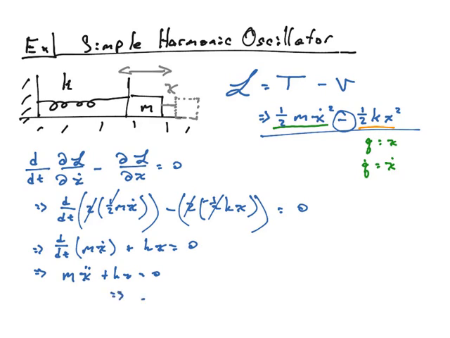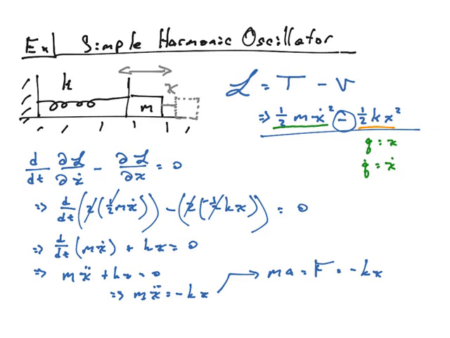And then solving for m x double dot equals minus k x. Now this is from Newton's laws. This m x double dot is ma, which is F, the force, and the force is equal to minus k x, and that's exactly what we saw from Newton's laws.